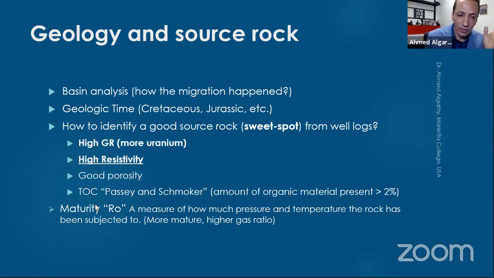There are two famous techniques named after two researchers who published papers about them: Passey, and the second one called Schmoker. Both of them have a method to measure the TOC only from the logs. Is it accurate? For sure, no, it is not accurate. But if you want something accurate, you need to do more logs, you need to invest more money.